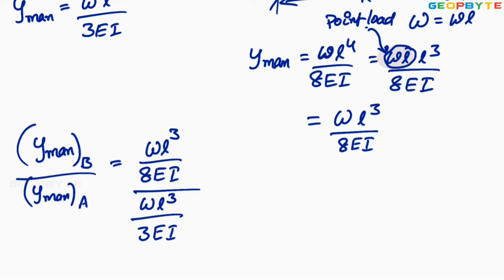This WL cube is cancelled, EI also cancelled. Finally, it is 3 by 8. So, the deflection ratio between the B and A is 3 by 8.